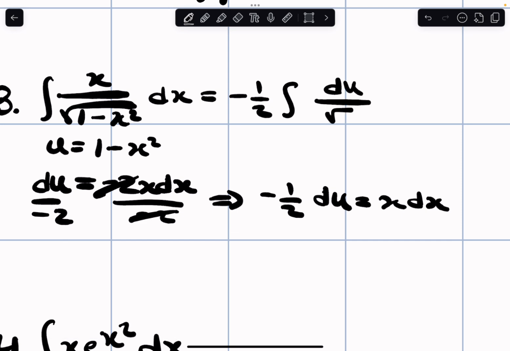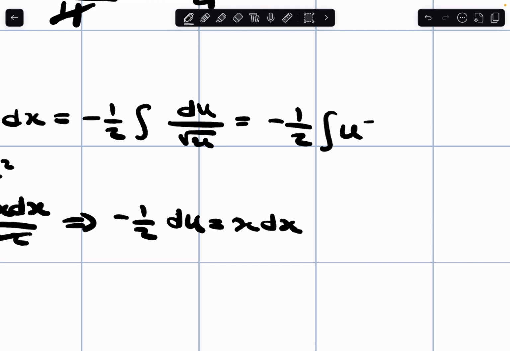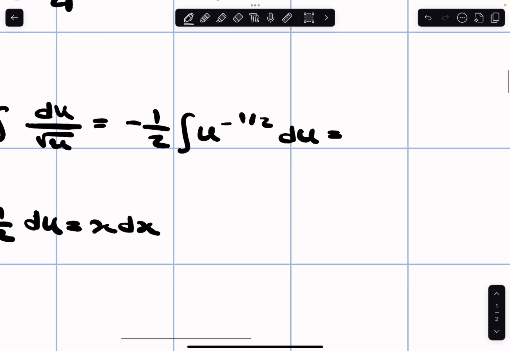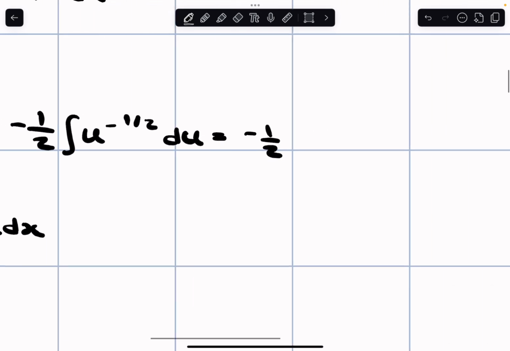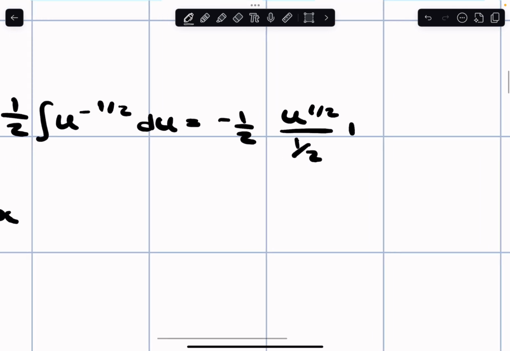and then the square root of u on the bottom, and then we can just take the antiderivative. It's going to be negative half times the integral of u to the negative half du. And then it's going to be negative half times u to the half divided by a half plus c.